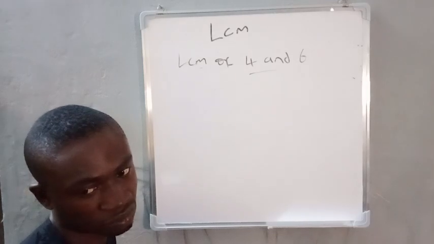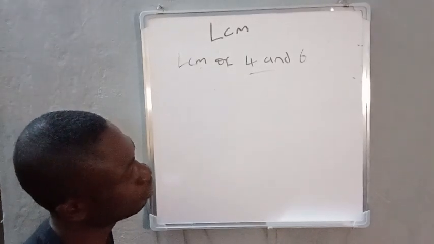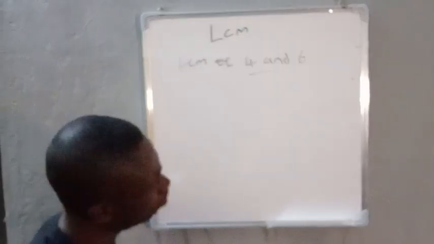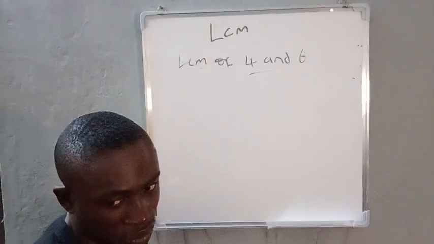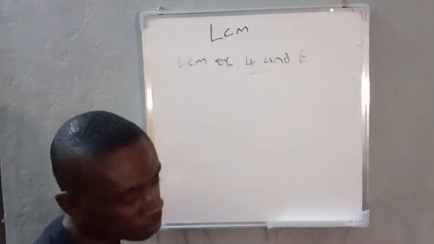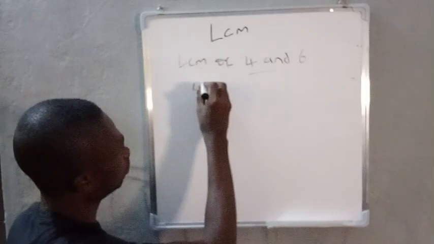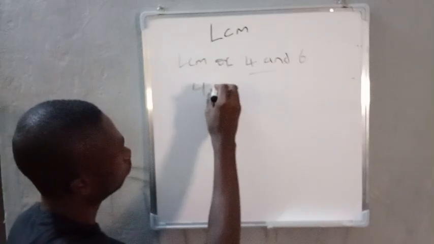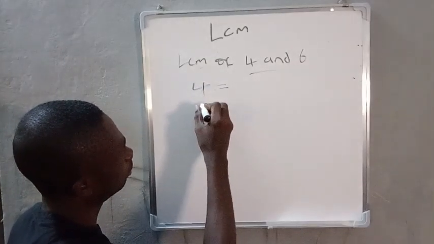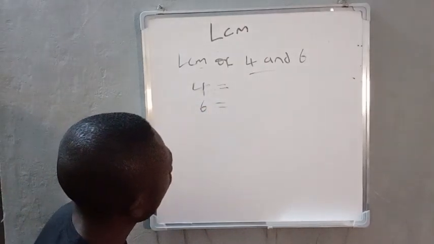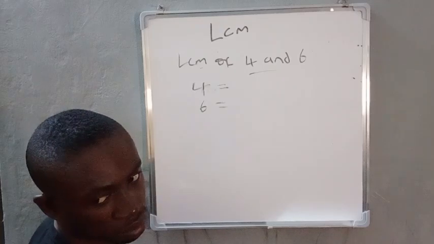So for you to get the lowest common multiple of 4 and 6, number one, you break down 4 and then you break down 6. It's also important that before you can find a multiple, you must understand what factors are. What number can divide 4?